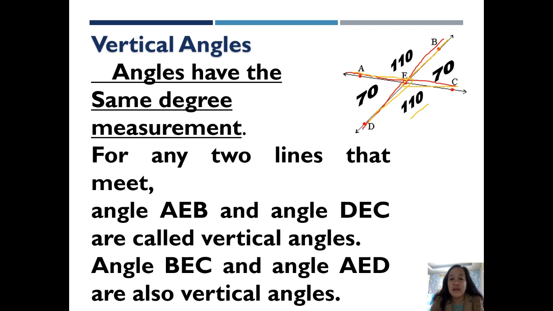And if AEB is 110, angle AEB and angle BEC are supplementary. So we need 70 more degrees for these angles to be supplementary, since supplementary angles must equal 180 degrees. Therefore, if angle BEC is 70, then angle AED is also a 70-degree angle.